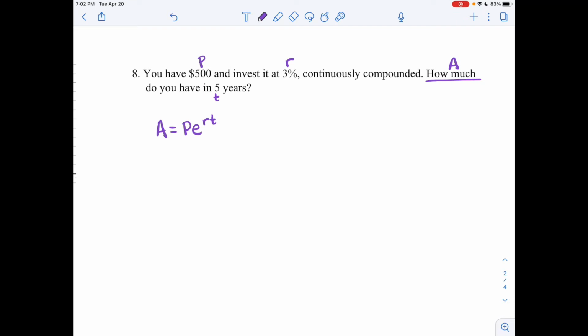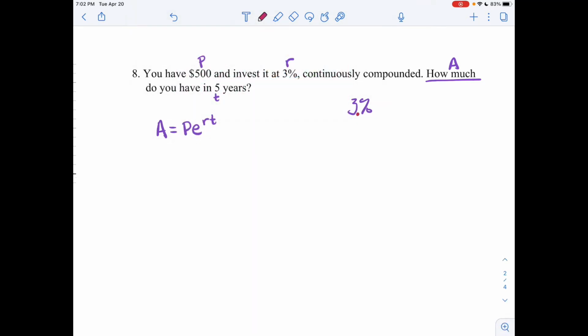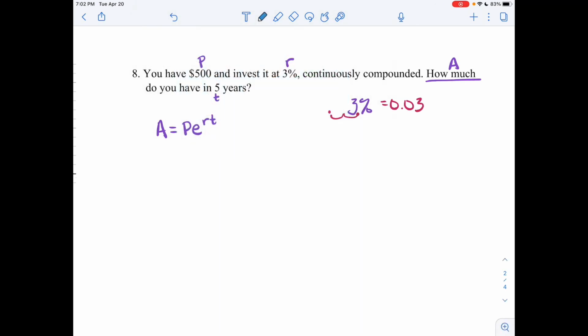Let's go ahead and look at our 3%. And remember that in order to change percent to a decimal, we move it 2 places. So this is going to be 0.03. So we will plug that in to our equation. A is equal to 500 multiplied by E raised to the 0.03 times 5 power. And you can simply put this into your calculator or in the Desmos Scientific Calculator.